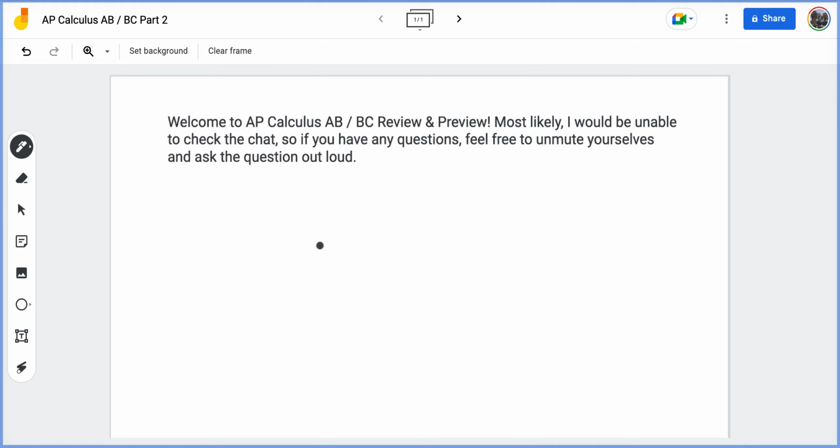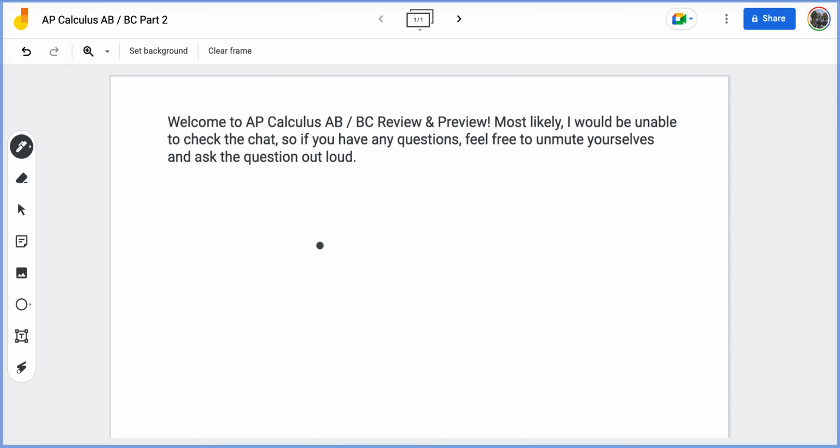We went over the pre-calculus version of derivatives last time. We said that a derivative is the limit as h approaches 0 of f of x plus h minus f of x over h.